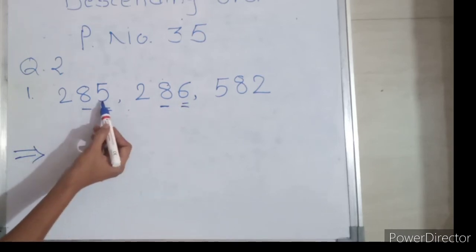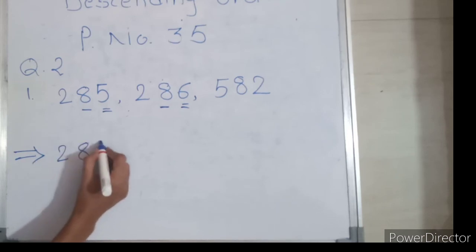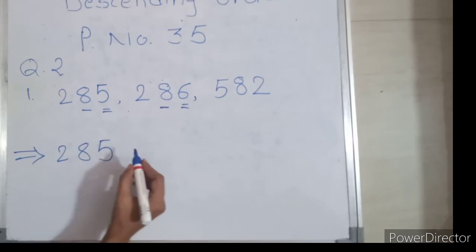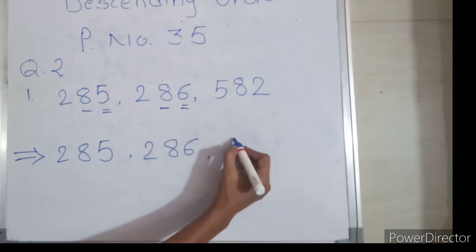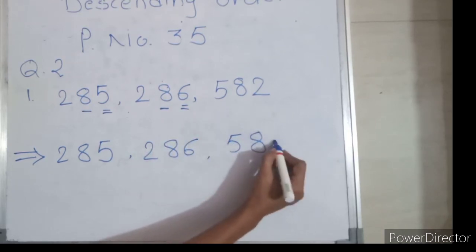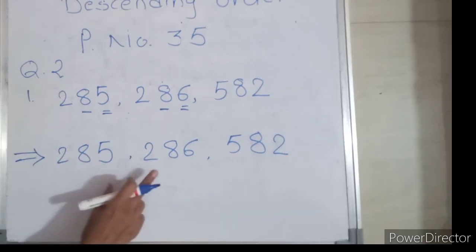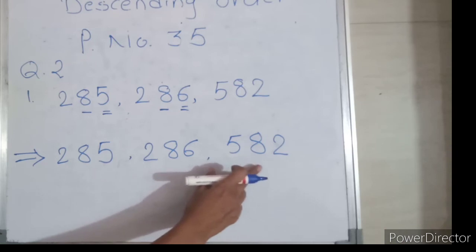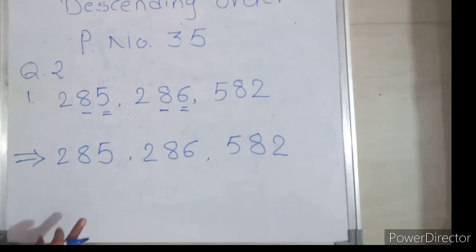So 5 is smaller than 6. So 285 is smaller than 286 will come and then 582. So 285, 286 and 582. We arrange these numbers in ascending order.